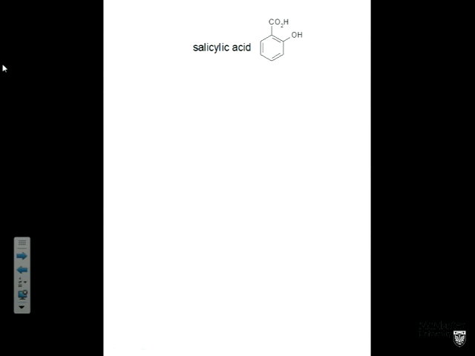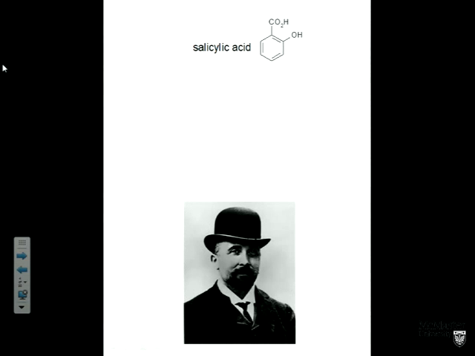It's also got a carboxylic acid functional group, CO2H, which is a separate little group of 4 atoms, the carbon, the 2 oxygens, and the hydrogen, essentially together form a functional group that means that the compound is acidic. So salicylic acid tastes very bitter because of the carboxylic acid functionality.